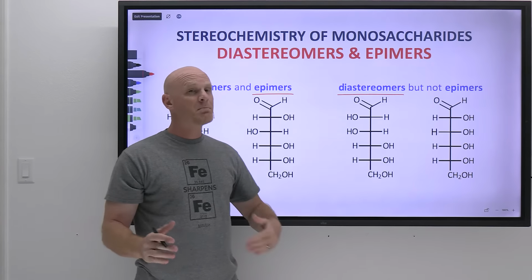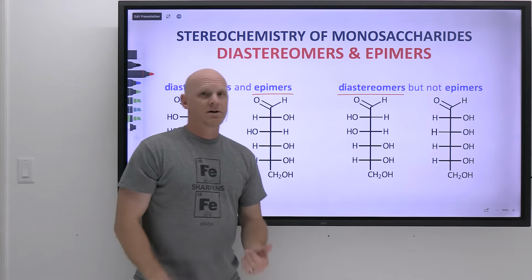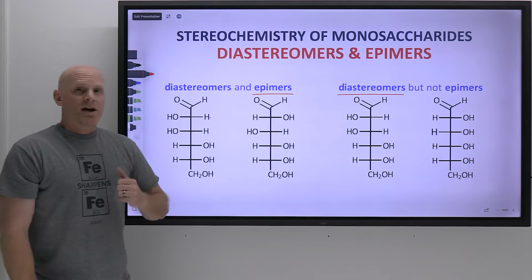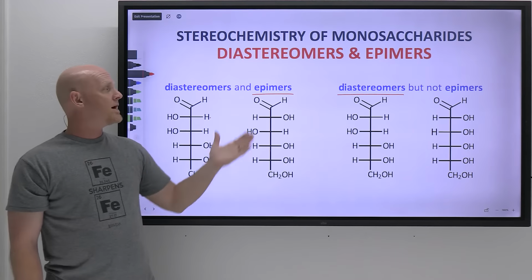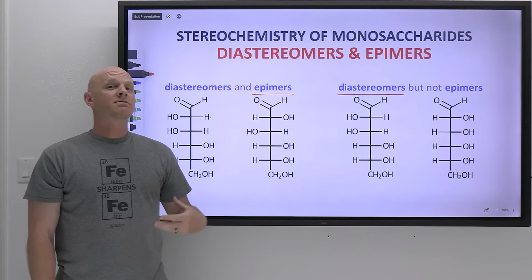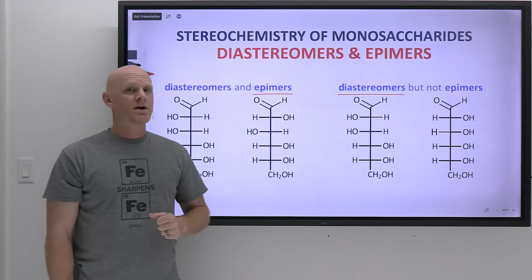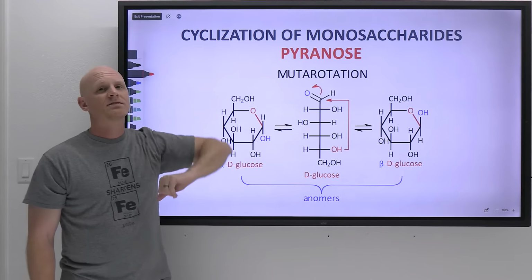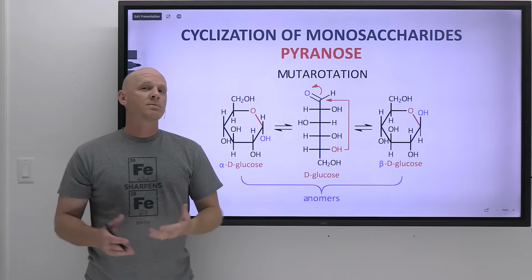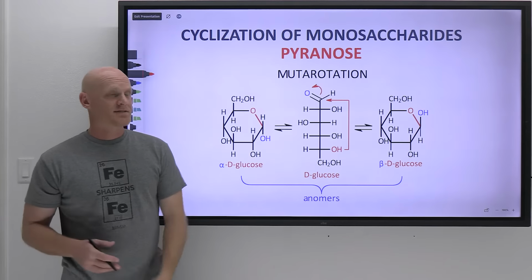They are diastereomers, but not epimers. So you should be able to recognize diastereomer relationships between monosaccharides, but also, with a new word, recognize if they're further epimers or not as well. So it turns out that your monosaccharides can cyclize in solution to form cyclic hemiacetals.